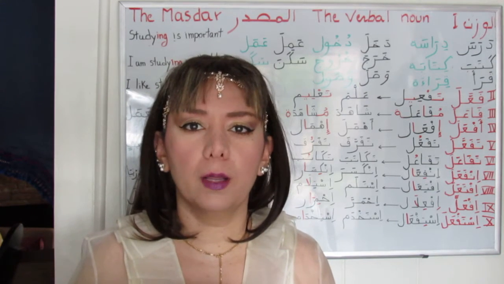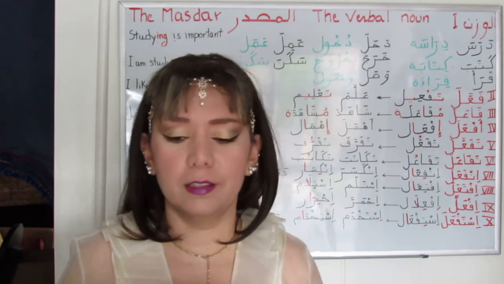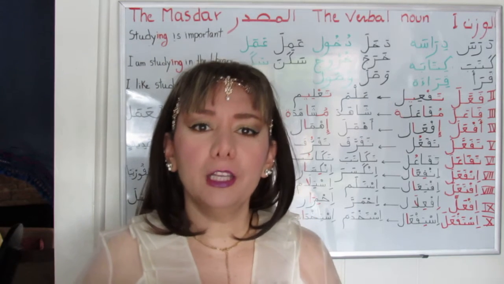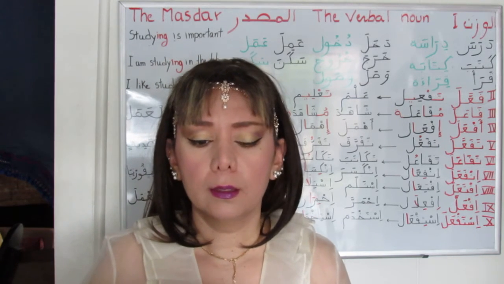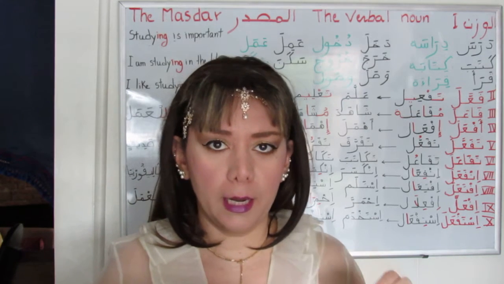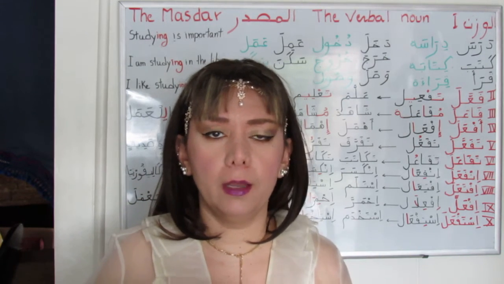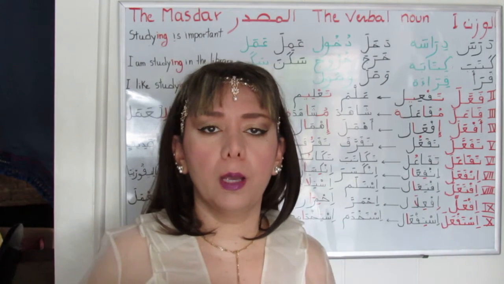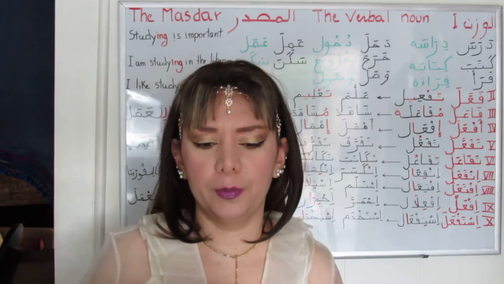It's really overwhelming, but don't be intimidated. As you learn each new form 1 verb, you will have to memorize its verbal noun, and I will help you with it. Whenever I talk about a verb, I will let you know about its verbal noun.